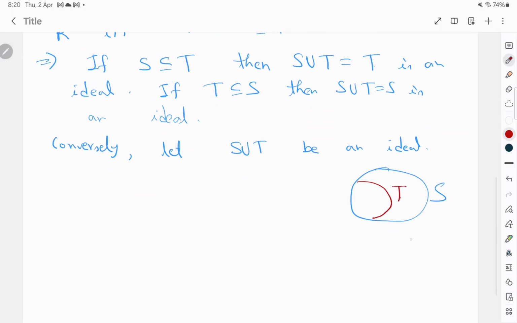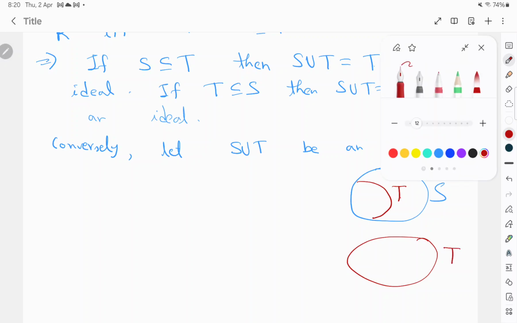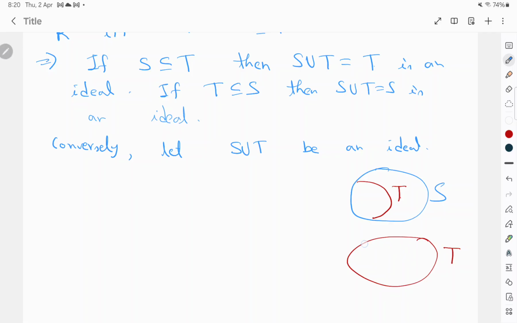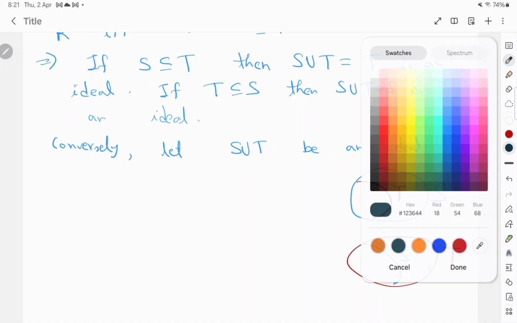Or if this is T, then your S will be like this. This type of scenario.